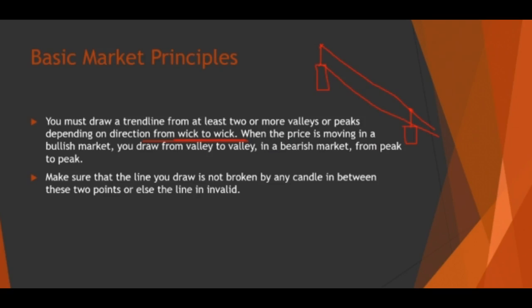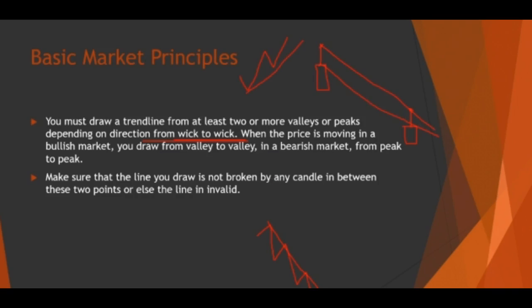Okay? When the price is moving in a bullish market, you're drawing from valley to valley. Bullish, valley to valley. When it's in a bearish market, peak to peak. Okay? Make sure that the line you draw is not broken by any candle in between these 2 points, or else it's invalid.